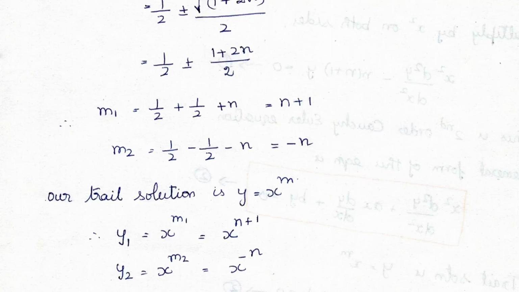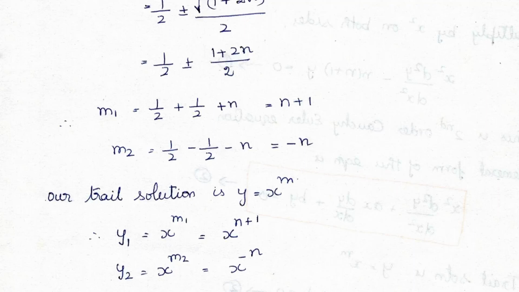By substituting the values, we will get m = 1/2 ± (1+2n)/2. So consider one root as m1 = 1/2 + 1/2 + n, that is n+1, and another root as m2 = 1/2 − 1/2 − n, therefore we will get −n.